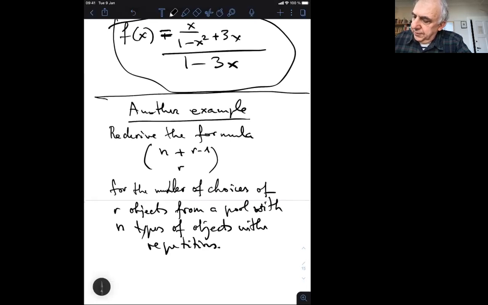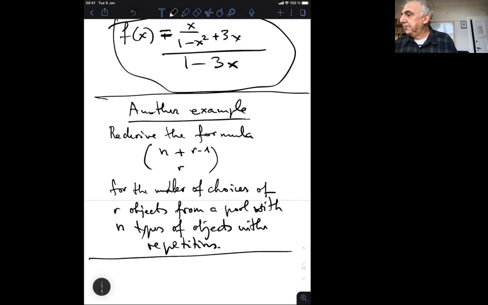So we got this formula earlier by introducing additional markers. So saying that if we have n types of objects where each object appears an unlimited number of times, and we want to choose r objects from this pool of n different types with repetitions, then we'll get this binomial answer by thinking as follows.